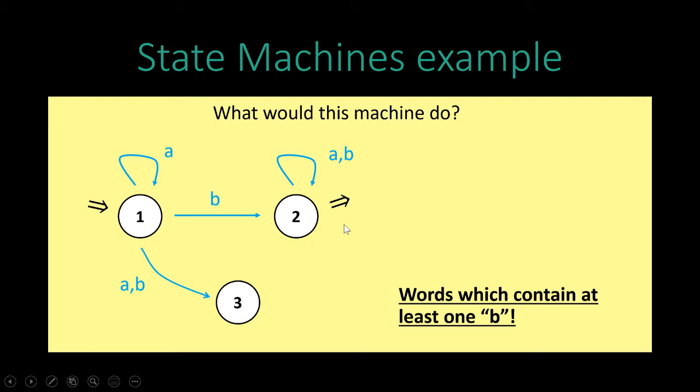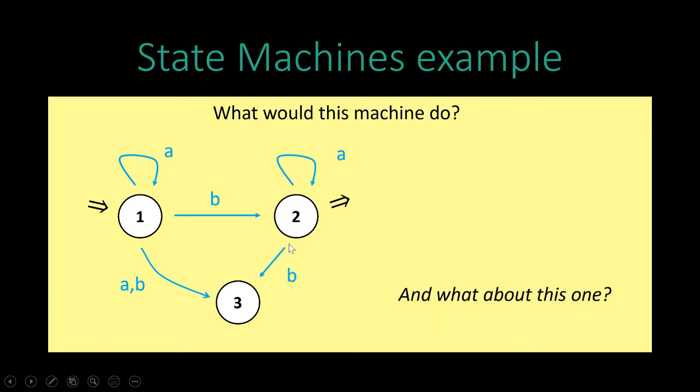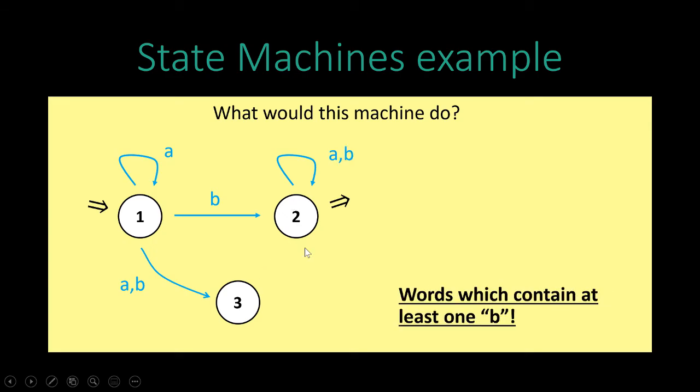But it will never get to an accepting state. If it contains at least one B, it can jump this bridge and then be here. And even though later it can read some A's, it will already have the one B which it needed.